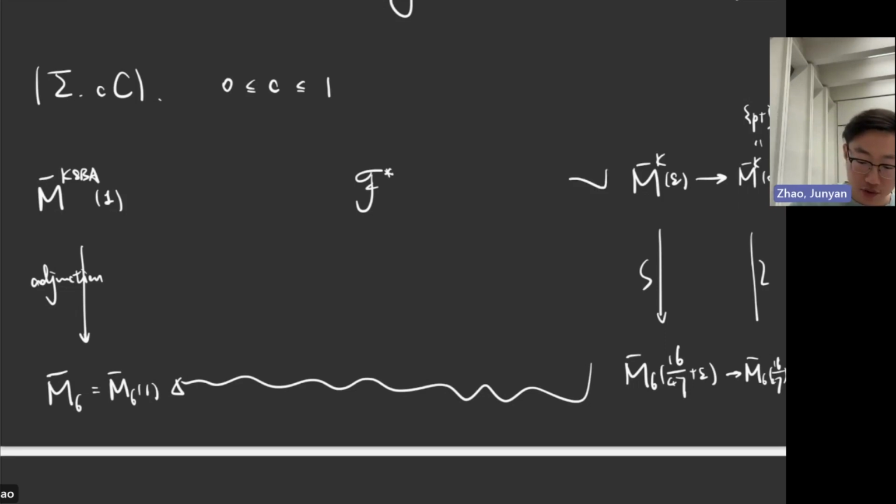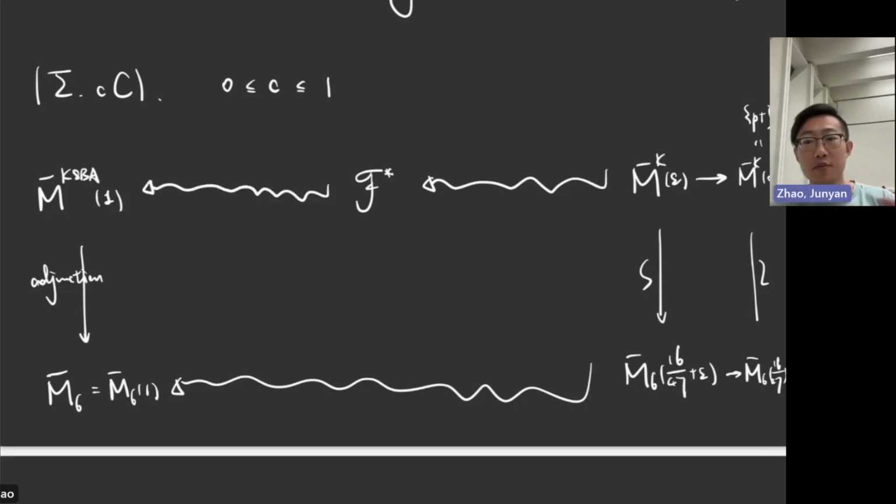But the upshot is you have this wall-crossing structure to connect the K-moduli to the moduli of log Calabi-Yau. And when you still increase your c, you'll go from the log Calabi-Yau to the KSB moduli.